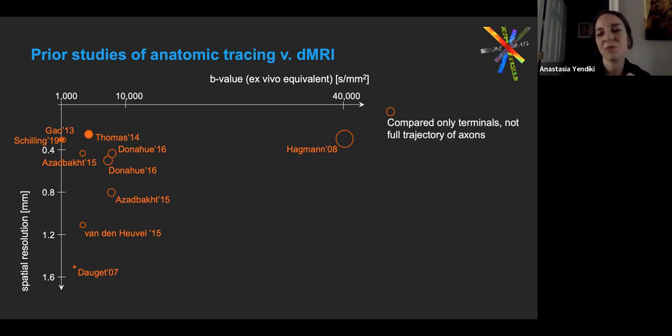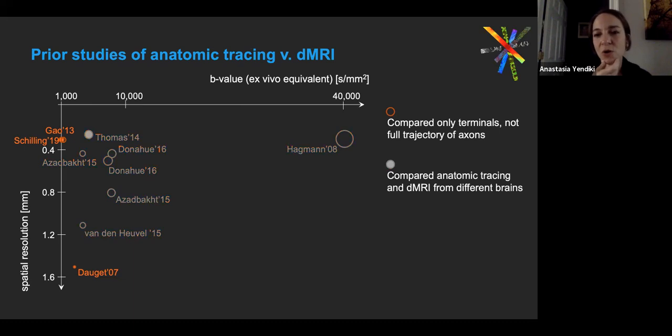Is the tractography getting from A to B along the right trajectory? And that's because most of these studies did not have the tracer injections and the diffusion data in the same brain. So they used existing databases like the CoCoMac database that has information from prior tracer studies on is A connected to B. So that's why they could only compare the terminals.